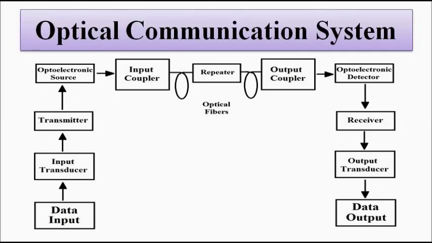The input transducer converted the image, video or whatever into a voltage or current signal. So the output transducer converts that voltage or current signal into its original form, image, video, whatever.